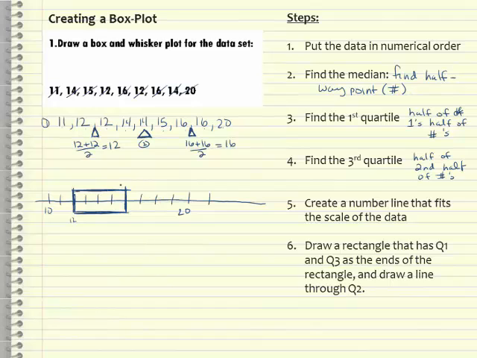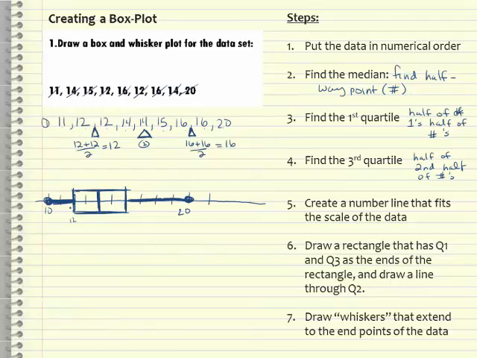And I draw a line through quartile 2, which is occurring at 14. And then I draw whiskers that extend to the end points. So I thicken that number line. And this box shows me where most of the data occurs.